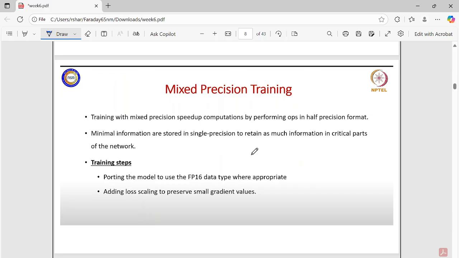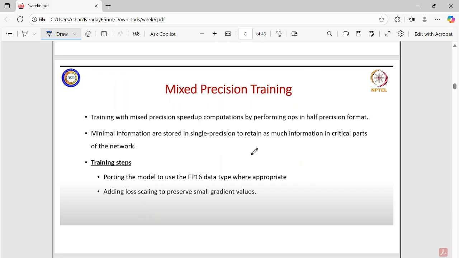This can speed up the training up to say 1.5x or 3x faster, supported by the hardware. And for memory efficiency, we use lesser GPU memory, so bigger batch sizes or bigger models can now be used. What about accuracy? It gives comparable results to full FP32 training. So how to preserve the small gradient values during mixed precision training is done using loss scaling.